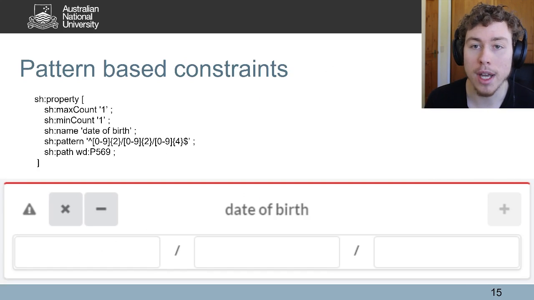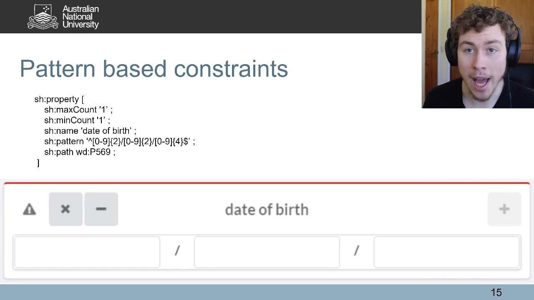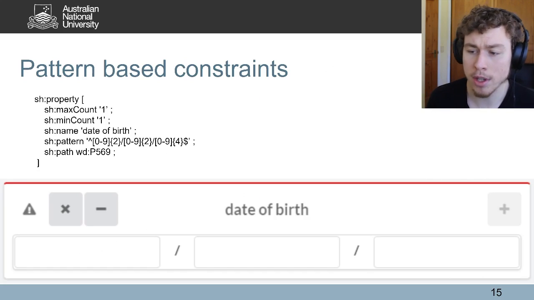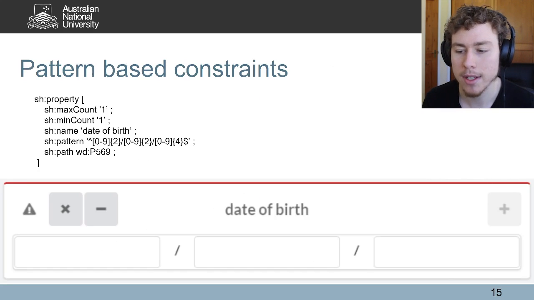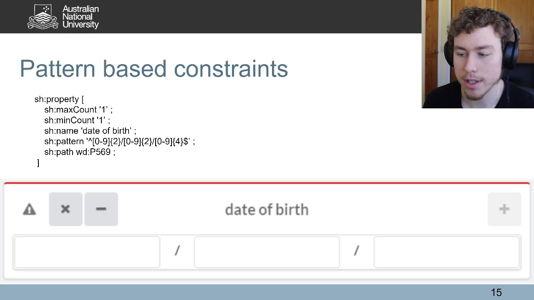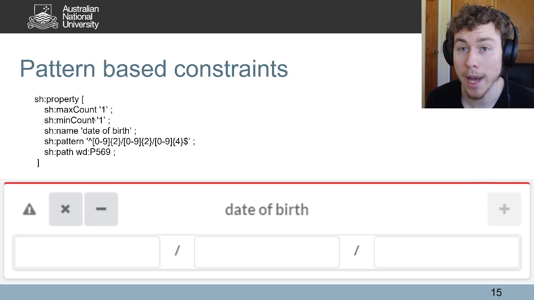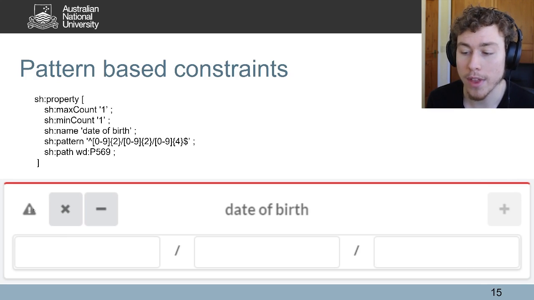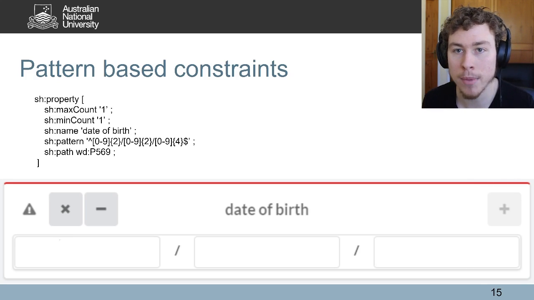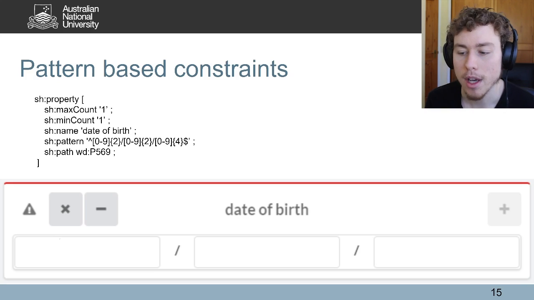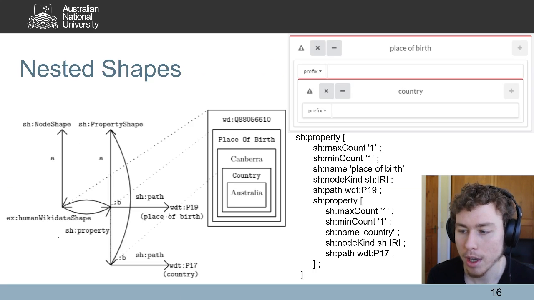Another thing that we do is, based on the patterns or the regular expressions that are used to constrain these properties, we customize the field entries. So for date of birth, if that was described using this regular expression pattern, we know that it's going to be 3 numbers with slashes in between them, so we can actually generate this more customized form field.